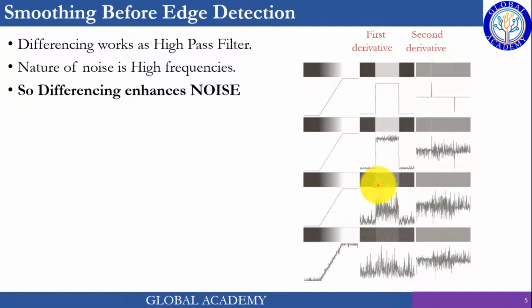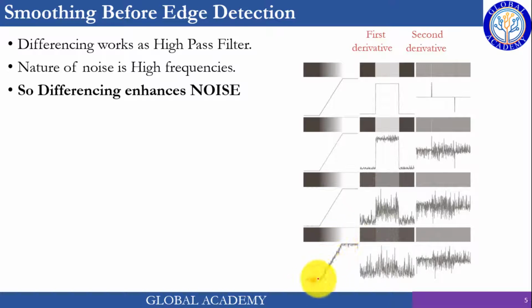You can observe the edges, though there is a little less difference in the dark and bright shade as compared to the original image. But in the second derivative the edges are almost washed out, suppressed in noise. So visibly these edges, which were very clear in the original or clean image, are not visible in this image.